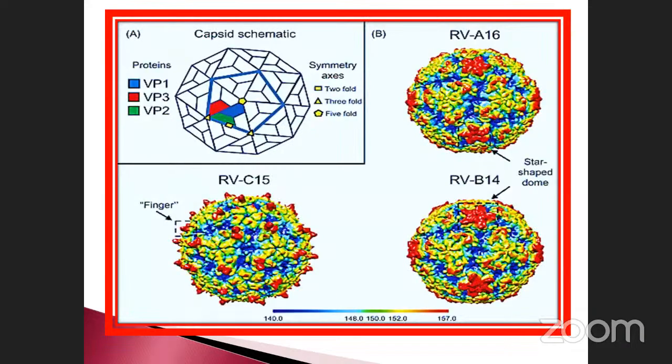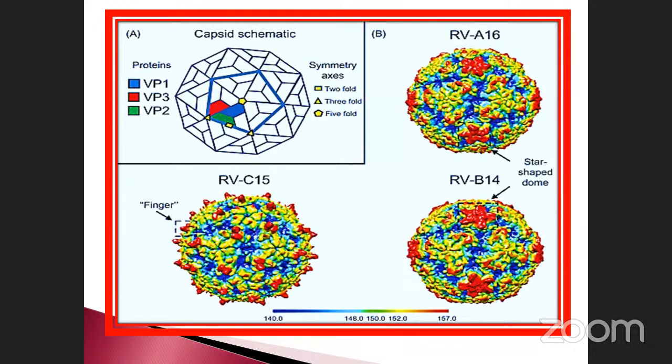See the structures, different types are there. The capsid schematic, symmetry axis, 2-fold, 3-fold, 5-fold; all of these are protein molecules. Each and every one is made up of protein molecules. That's why I told you the virus is made up of 2 biomolecules. One is nucleic acid, whether it may be DNA or RNA, single stranded or double stranded or circular.